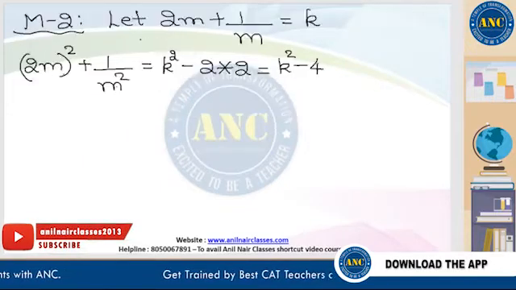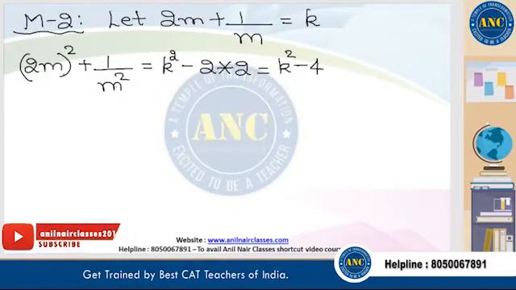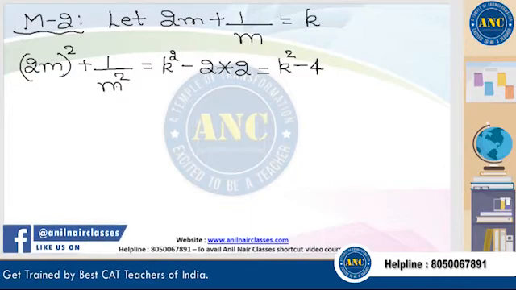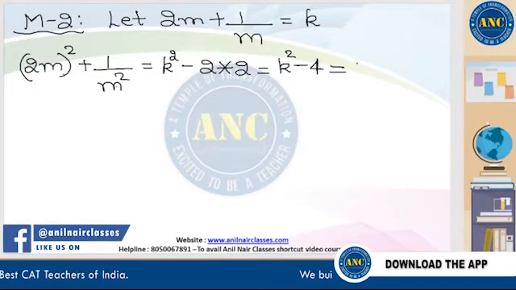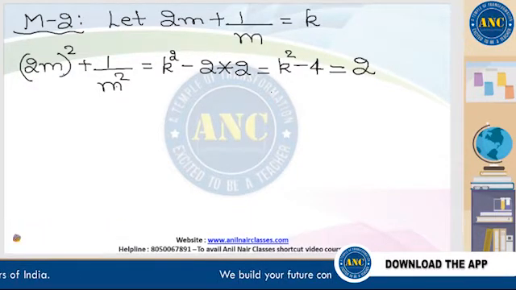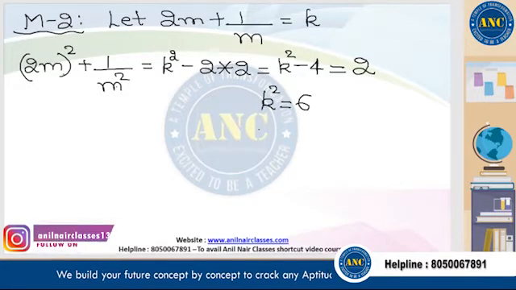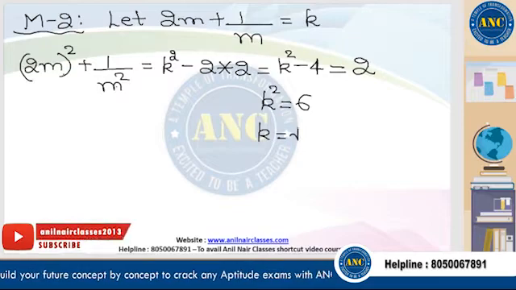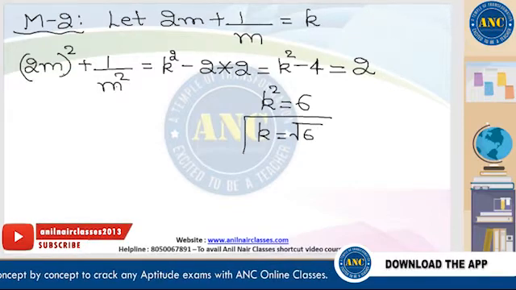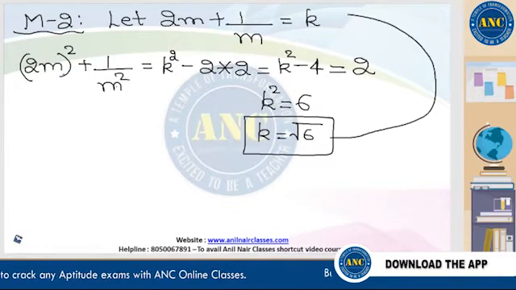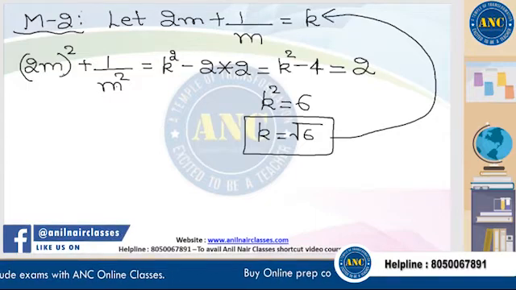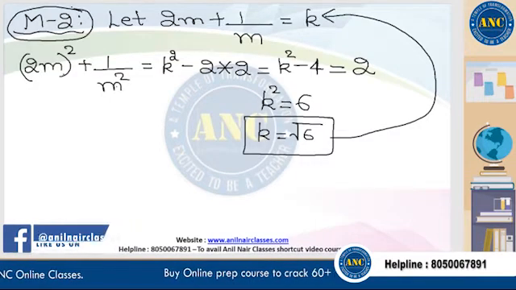That means this k square minus 4, whatever I got, is exactly equal to whatever is given in the question as 2. If k square minus 4 is 2, k square will be 6. K is equal to plus or minus root 6. So I know that this k value is root 6. This is my second method of finding the k value.